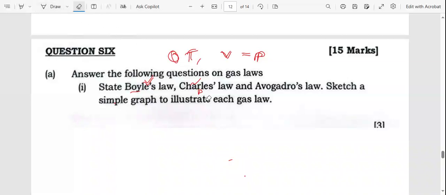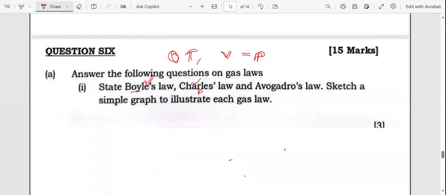What we are trying to say is, it states that at constant temperature and pressure, equal volumes of gases have equal moles. That's all. Equal volume has equal moles.